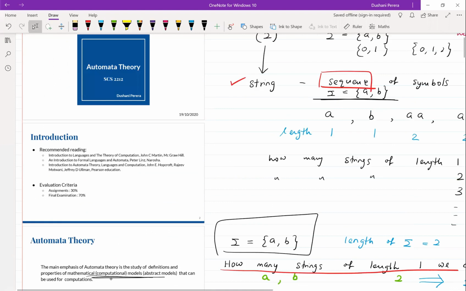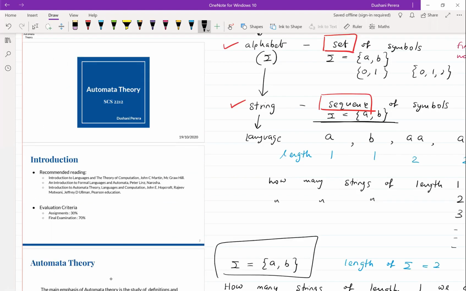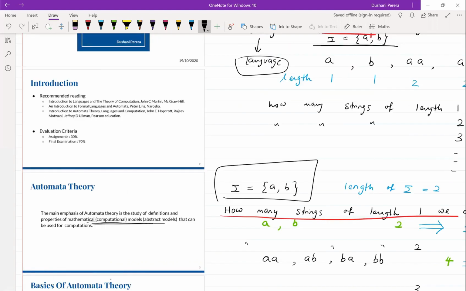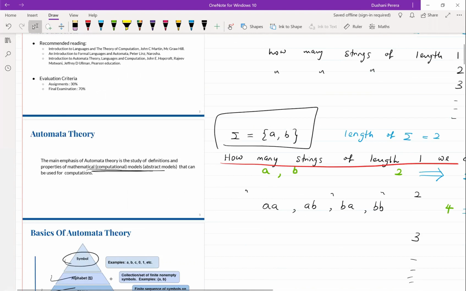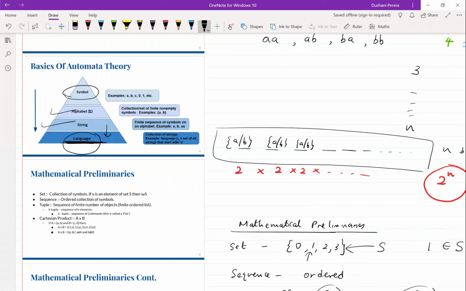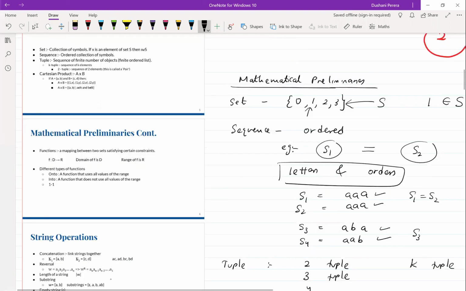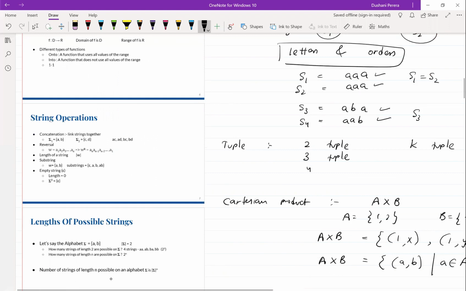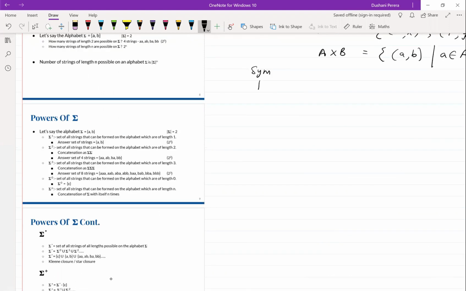We didn't speak about language; we went on to discussing mathematical stuff. Now we come to talk about a language.